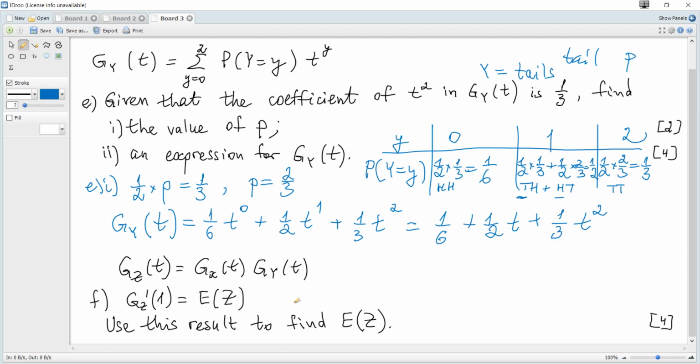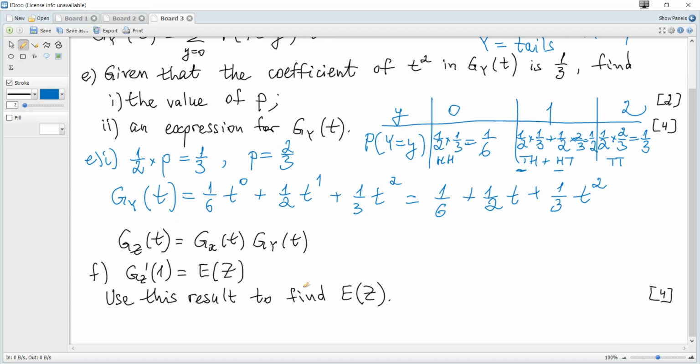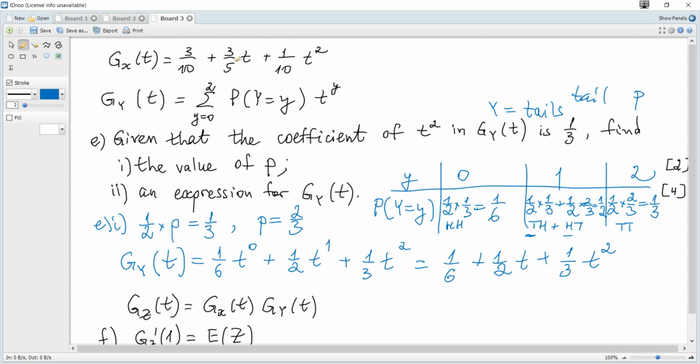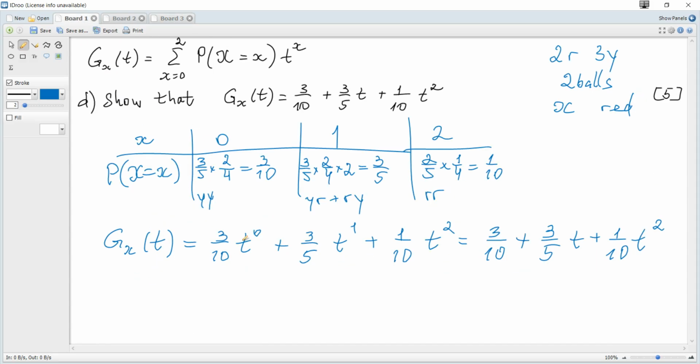The probability distribution of z can be represented by the function gz of t, where gz of t is equal to the product of gx and gy. Gx is from the previous, it's this, and gy is this. Gx is from this part.